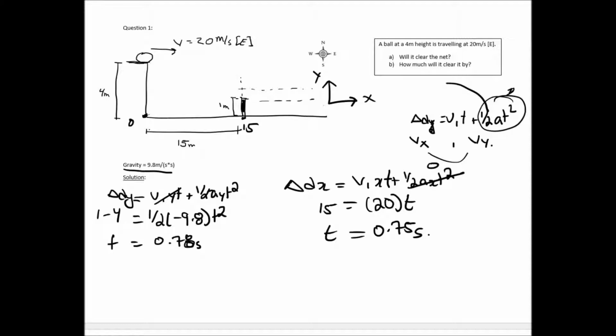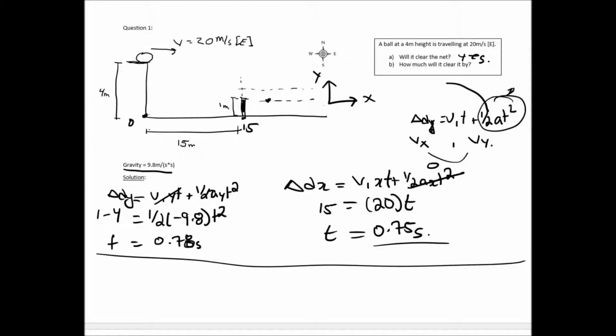So basically, will it clear the net? Yes, because the ball reaches a displacement of -3 at 0.78 seconds, after it reaches 15 meters horizontally at 0.75 seconds. So it will reach the net first before it reaches that displacement of -3. So the answer to part A is yes.